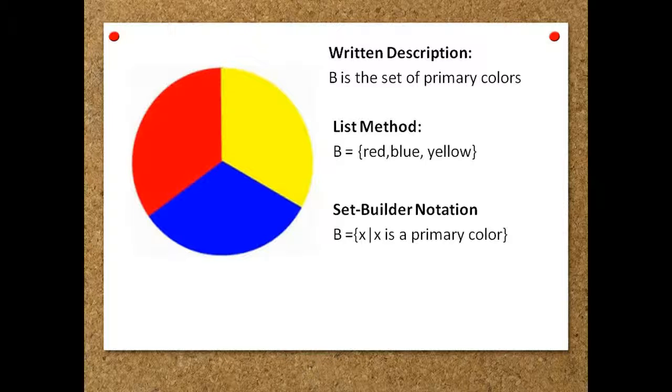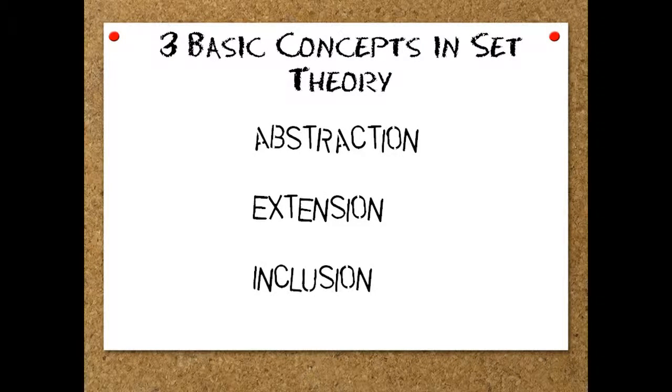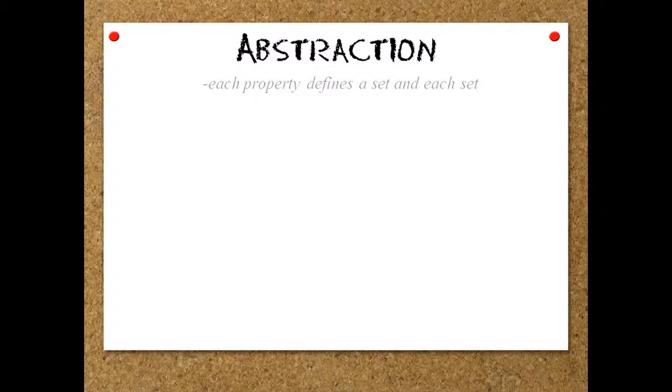Alright, so next, we have the three basic concepts in set theory. We have first the abstraction, then the extension, and then the inclusion. Let's start with the abstraction. How do we define the abstraction? Abstraction is simply defined as each property defines a set and each set defines a property.